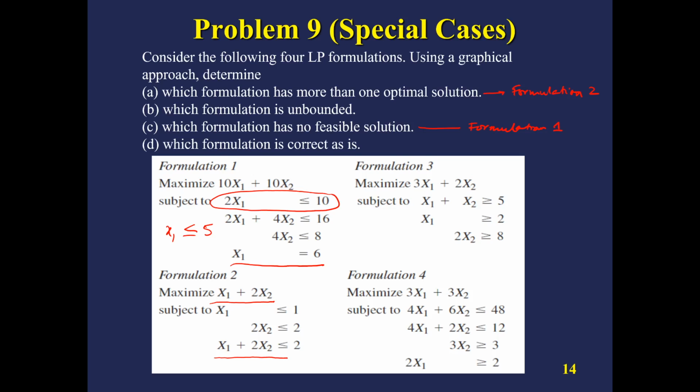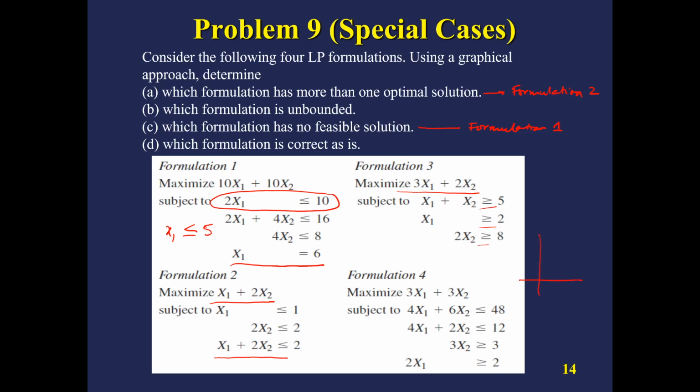Now if we draw this, we can see that the constraints, it's a maximization problem, and we have this one greater or equal to 5, greater or equal to 2, greater or equal to 8. Most likely, if we draw this, we will find that this has an unbounded solution.